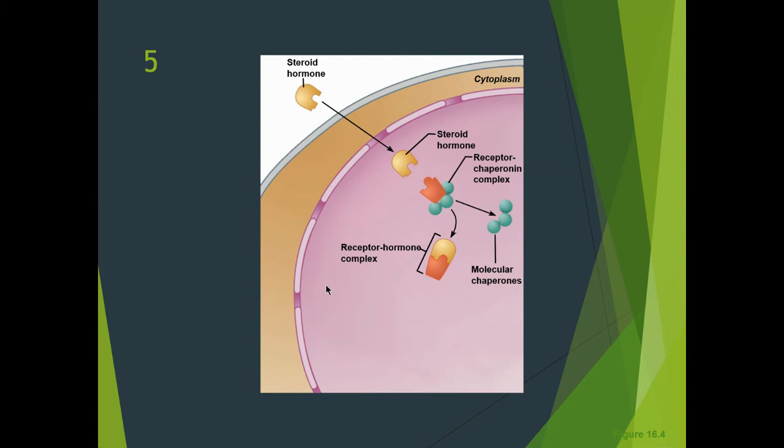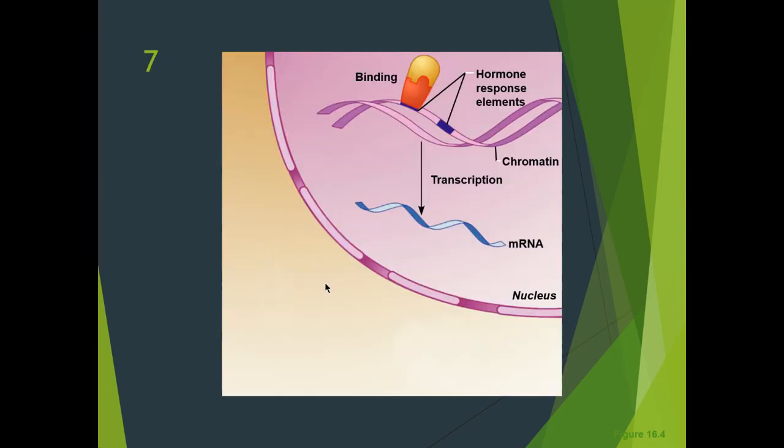Together, these two are going to go to the DNA, and they're going to bind to the DNA. They don't just bind anywhere, though. They bind to a very, very specific place associated with a very, very specific gene, and they're going to turn that gene on. Well, when you turn a gene on, what we're going to get is transcription.